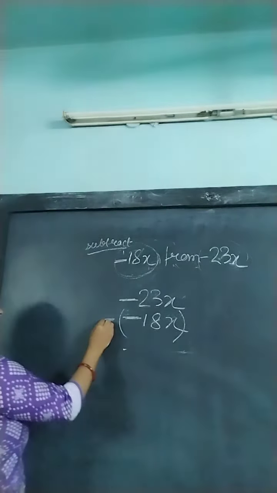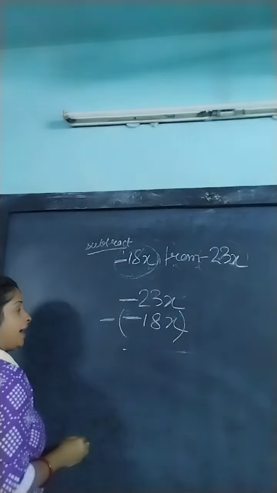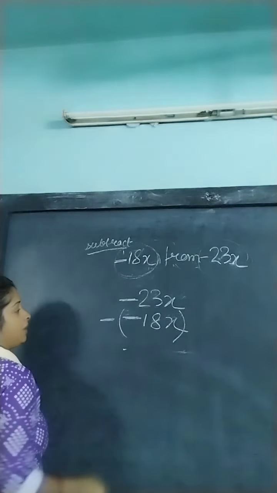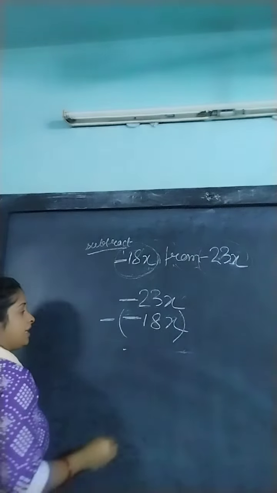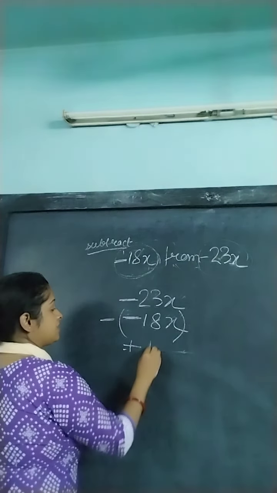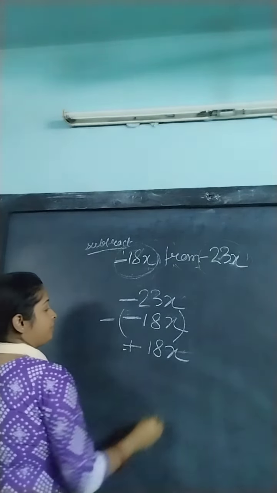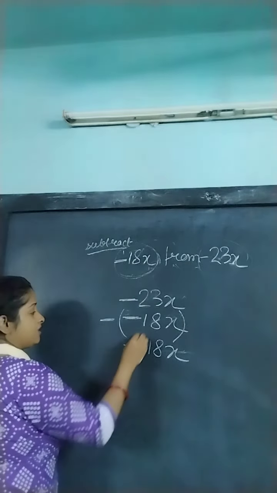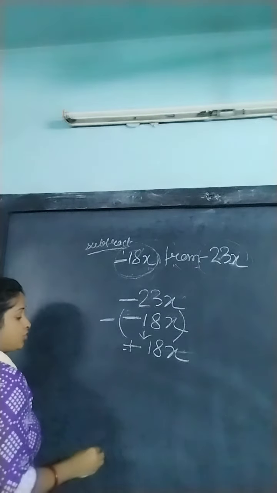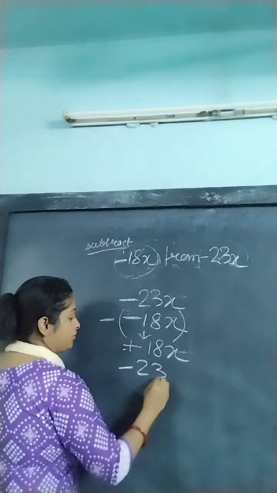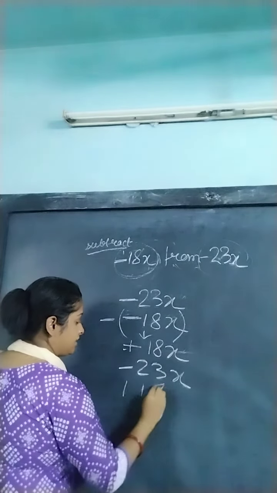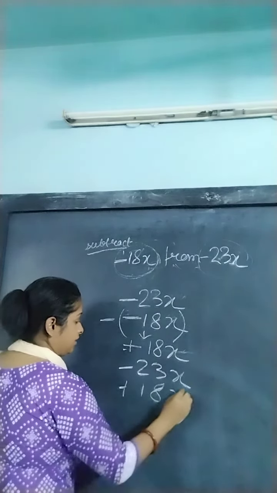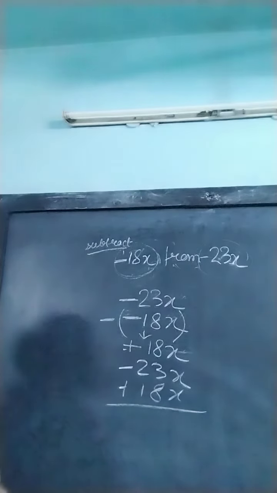So this minus and minus will be multiplied and it will become plus. Ultimately, it will become plus 18x. Minus 18x will become plus 18x. So, minus 23x plus 18x you have to consider and do the sum.